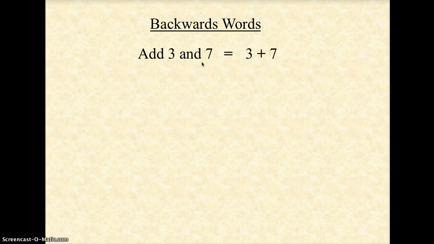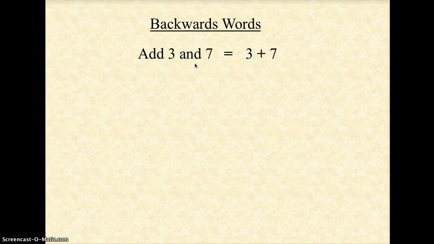Now we are starting with how to write these in numerical expressions. If you're given add 3 and 7, you can write it in a numerical expression as 3 plus 7. You're writing the numbers as they are.